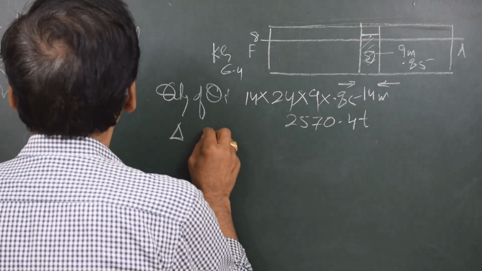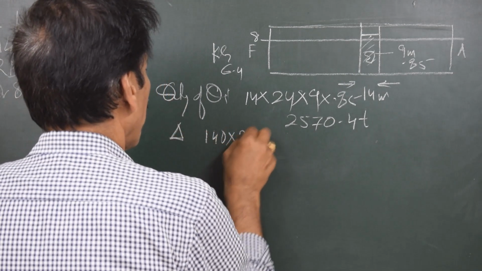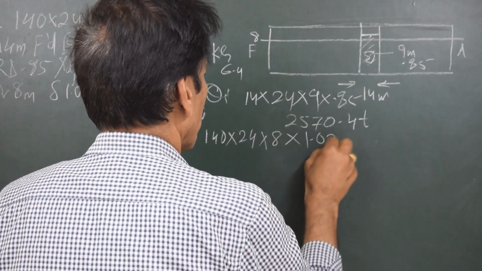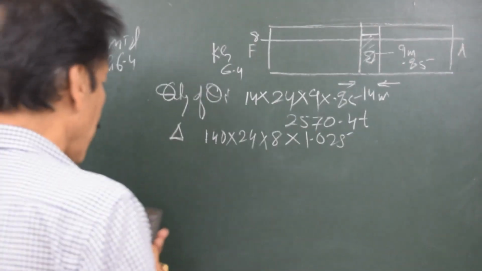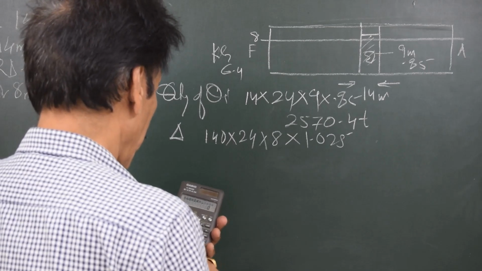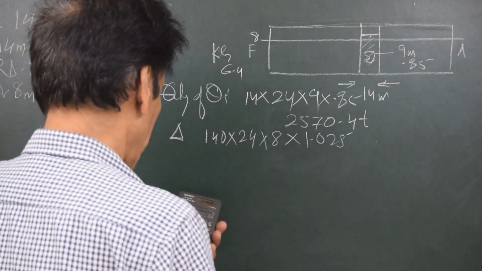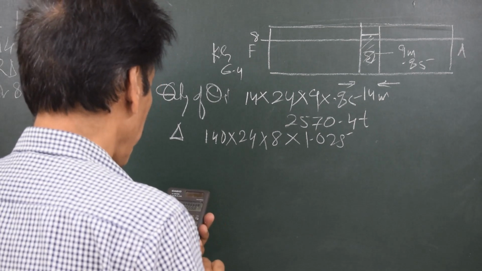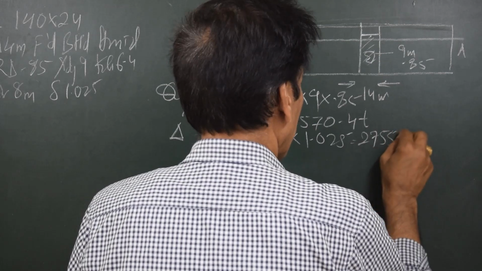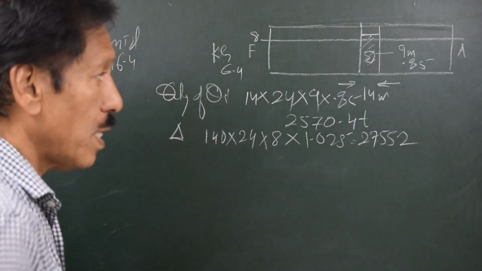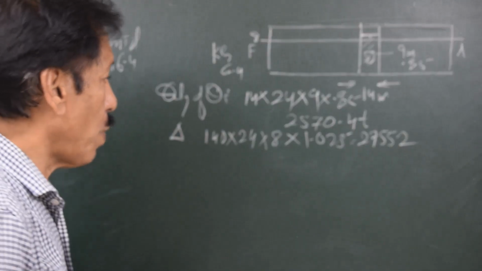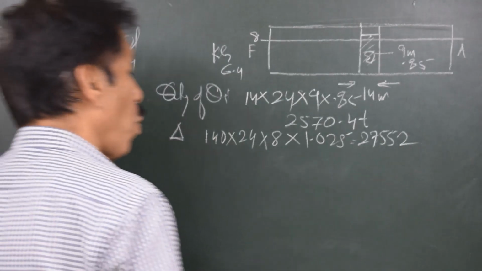Displacement of the craft is 140 into 24 into 8 into 1.025, which gives me 27552. So as I said, we have to, on paper, assume that the oil was pumped out.